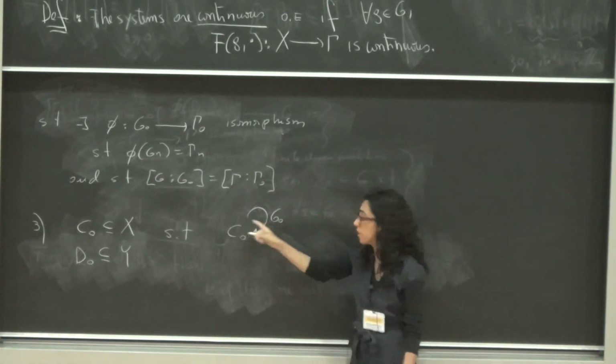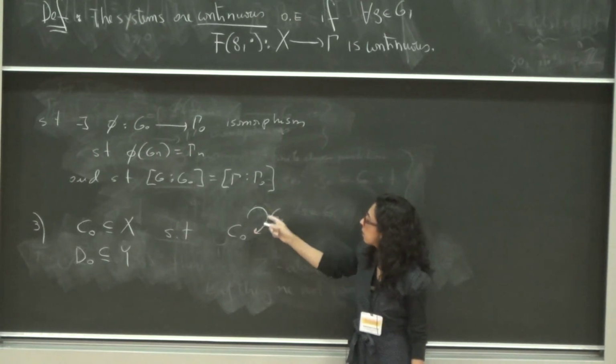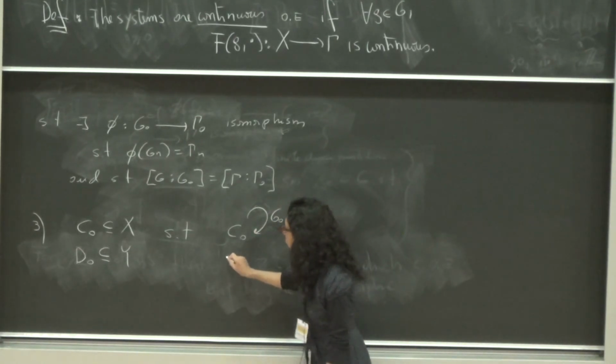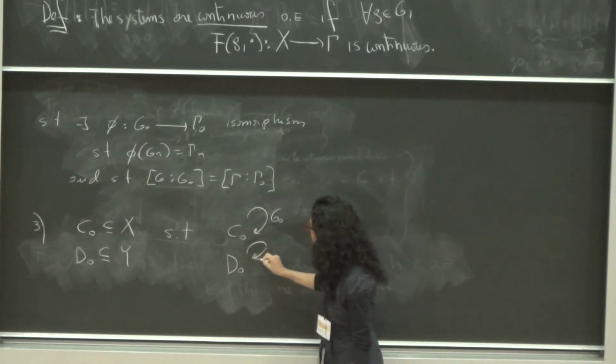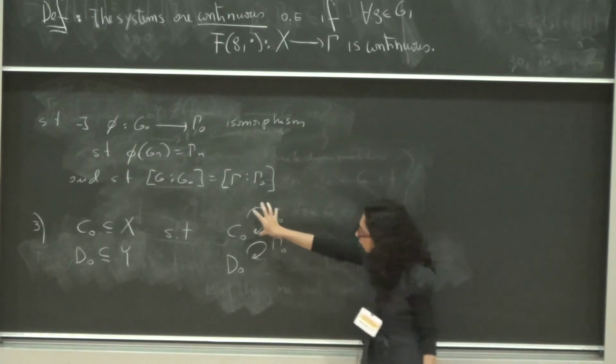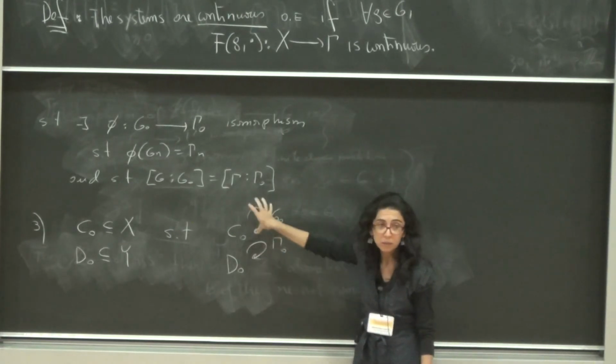That means that the set of return times to this clopen set is the subgroup G0. And here you have the same for gamma 0. And the restriction of the action, these actions are isomorphic.